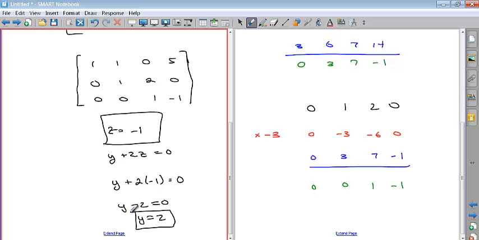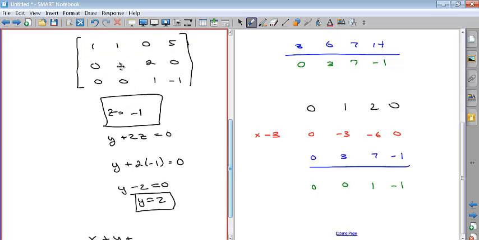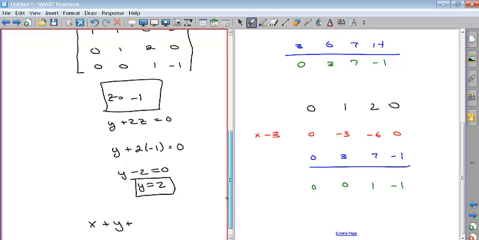Y equals 2. And then finally, my first line represents 1x plus 1y plus 0z equals 5, so there's no z's.